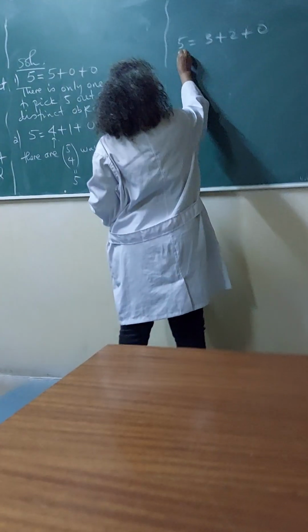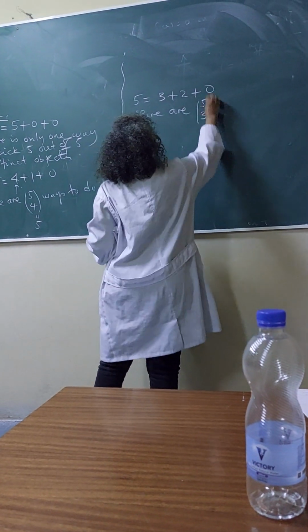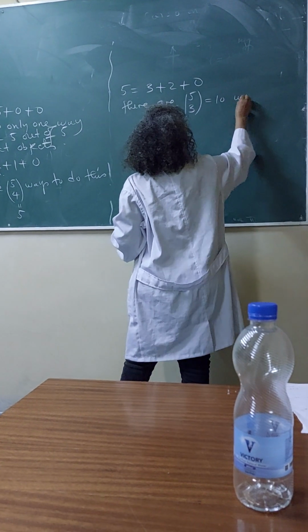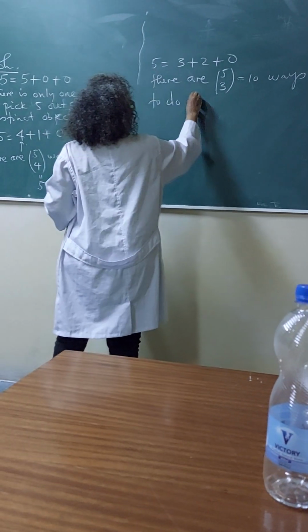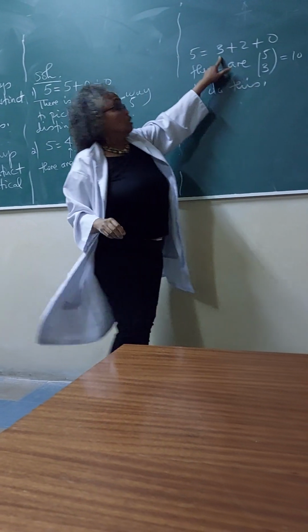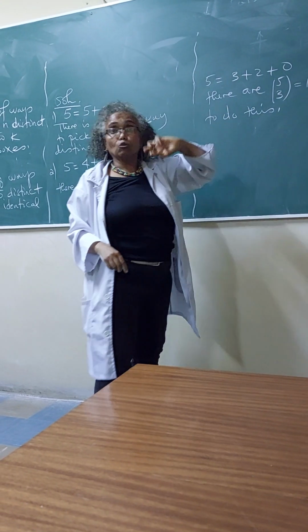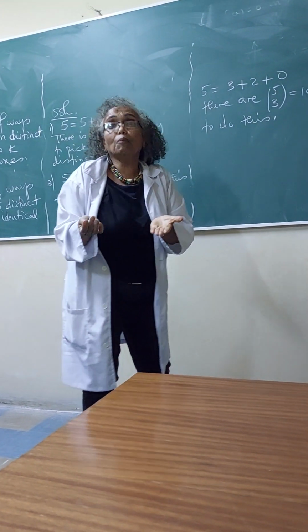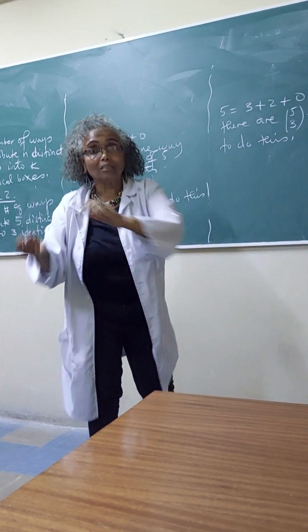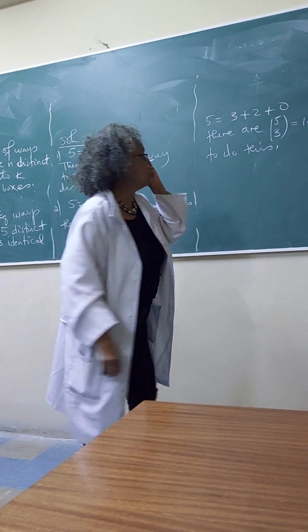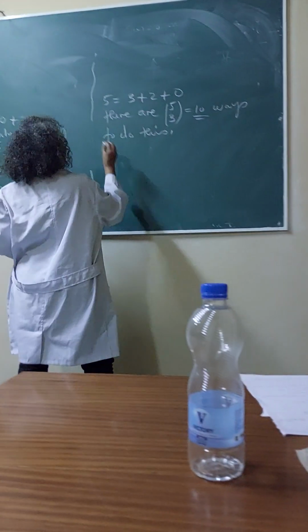So you see, there are 5 choose 3 ways, or 10 ways, to do this, because there are 5 choose 3 ways to pick 3 out of 5. And I'll be left with 2 items, and that will go to one of the boxes. Therefore, there is only one way to do the remaining. So we have 10 ways to do this job.